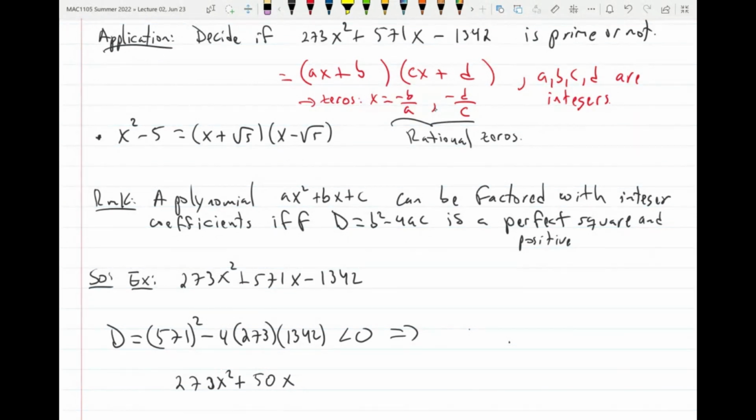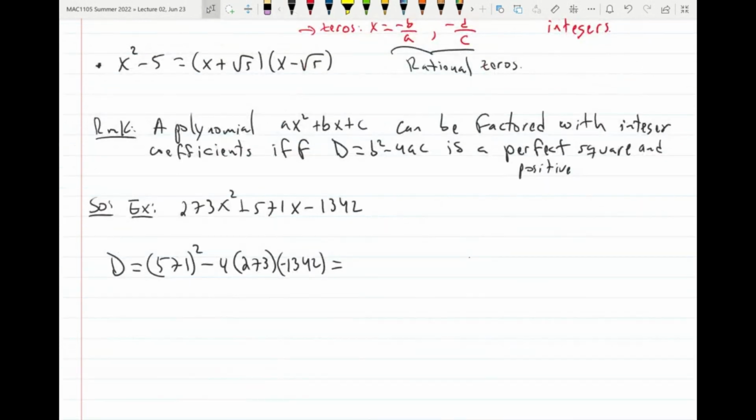If I put a minus in there, this will be a minus here, making this a plus, okay? Once again, if it's negative, you automatically get that it's prime, but that's kind of trivial. So 571 squared, then that will be plus 4 times 273 times 1,342.